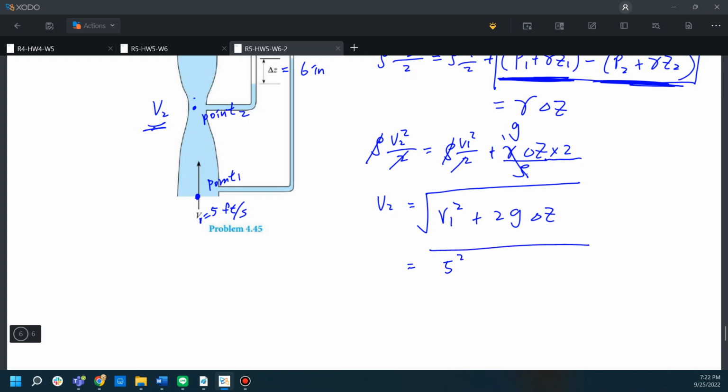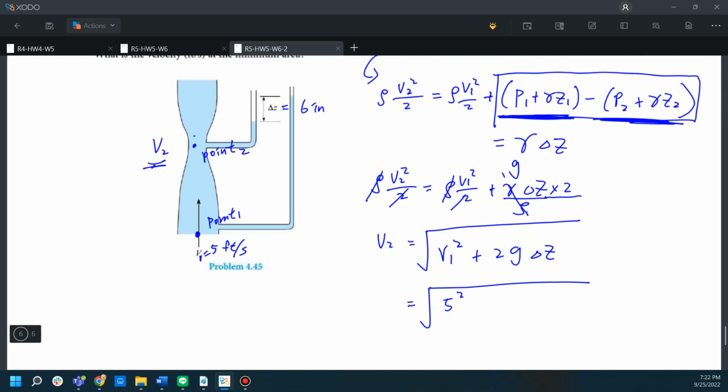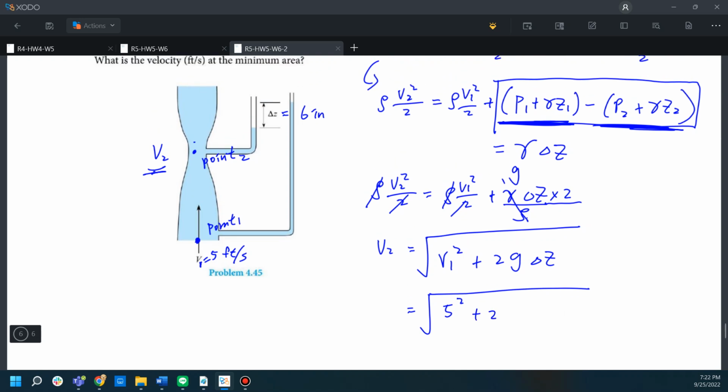And the V1 we already know is 5 feet per second, and plus 2g in the feet unit is 32.2 feet per second squared. So 32.2, and delta z we already know is 6 inches, which is equal to 0.5 feet.